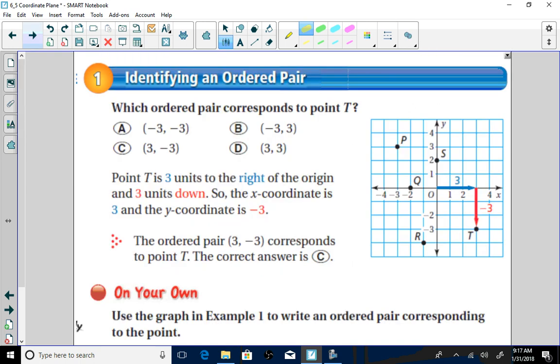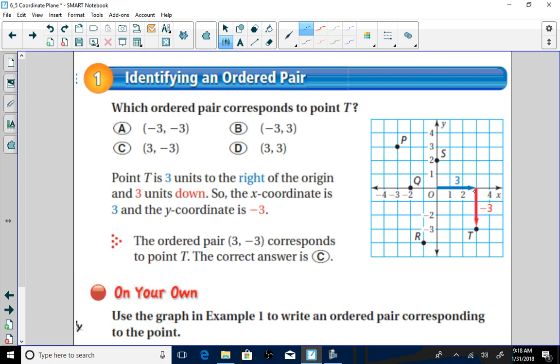We want to be able to identify which ordered pair corresponds to point T. Well, here's where point T is located. In order to locate point T, I have to go 3 units on the x-axis and 3 units down on the y-axis.